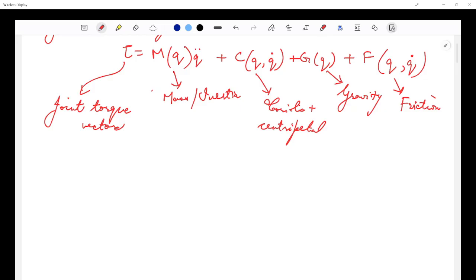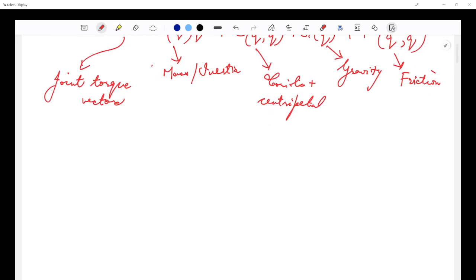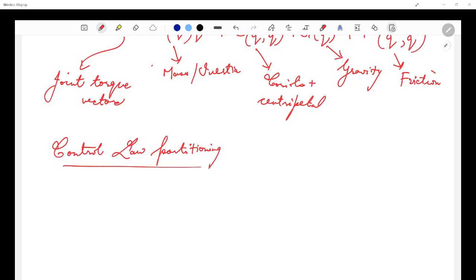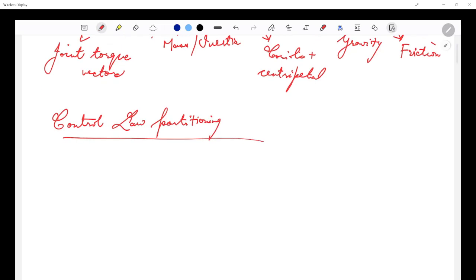Then we saw control law partitioning. We basically split the control into two parts. Let's say our torque is represented as alpha times tau dash plus beta.